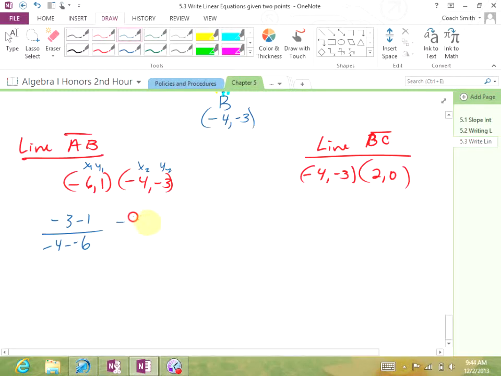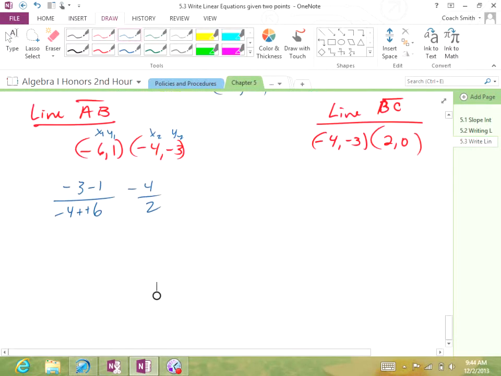So negative 4 on top, and on bottom, what do we have? 2, so that's plus plus, so that's 2. That gives me m is equal to negative 2. So y equals negative 2x plus b.